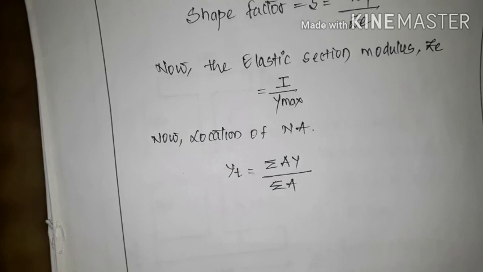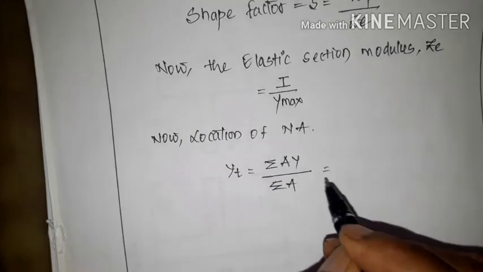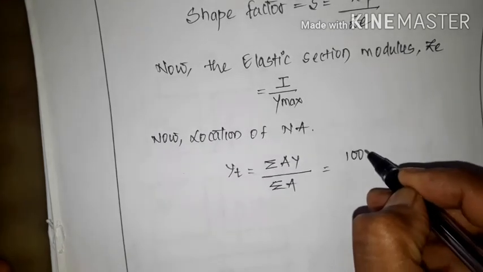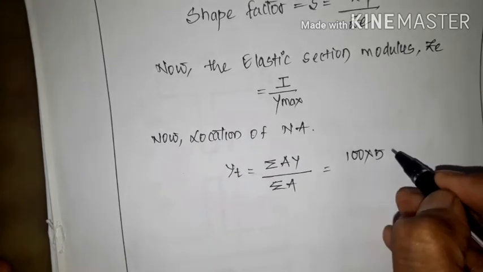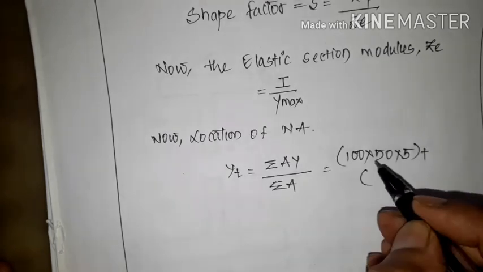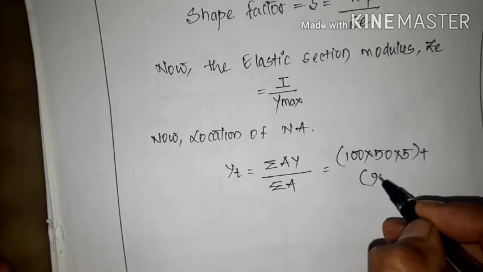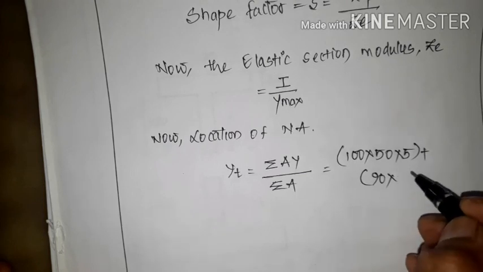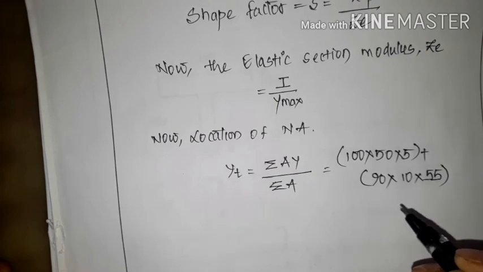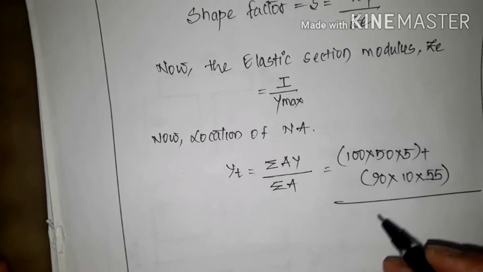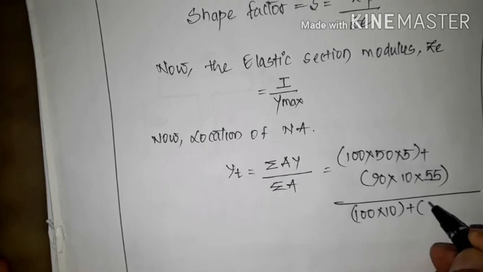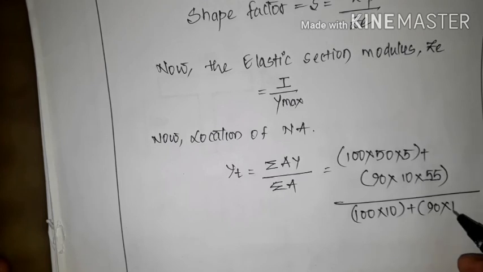With respect to the top of the flange, that is 100 into 10 into 5, that is A1 Y1, plus A2 Y2, so that is 90 into 10 into 55, divided by total area, 100 into 10 plus 90 into 10.